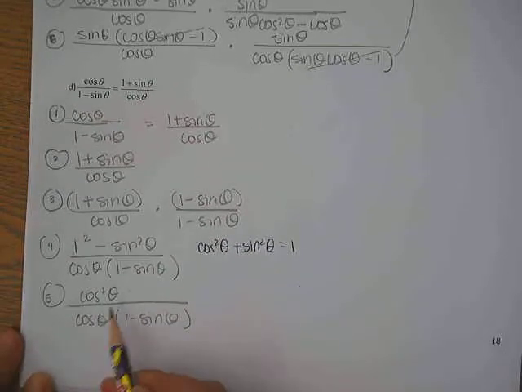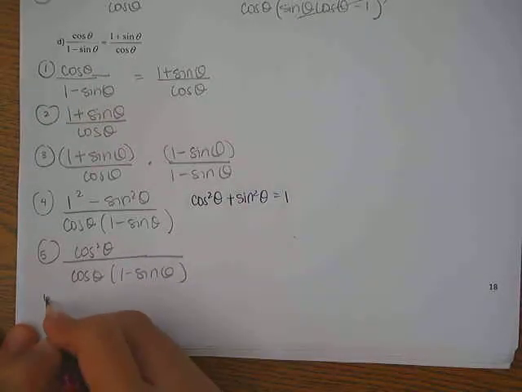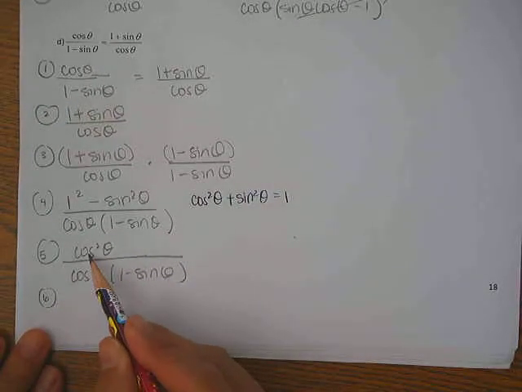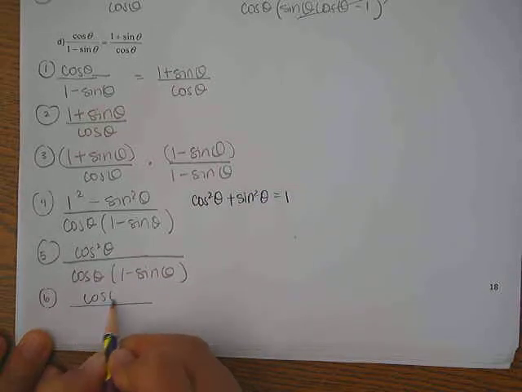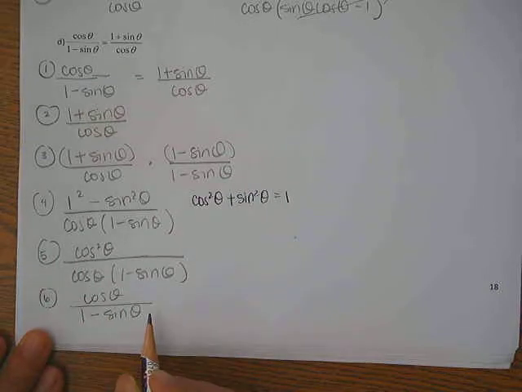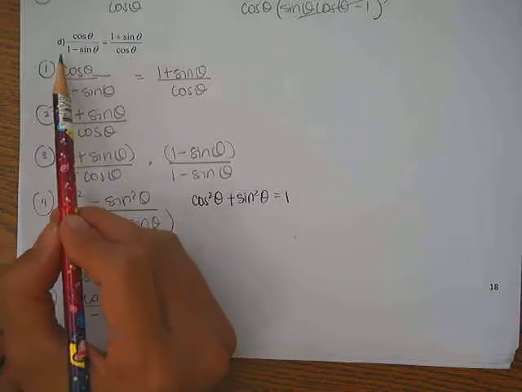Okay, and look at this. I can reduce. Way to go, Mrs. Tran-Bloom. Okay, reduce that. That's 1 left on the top, and this one's gone. So now I have cosine of theta divided by 1 minus sine of theta, and voila, I have what I needed to get to, which is this side.